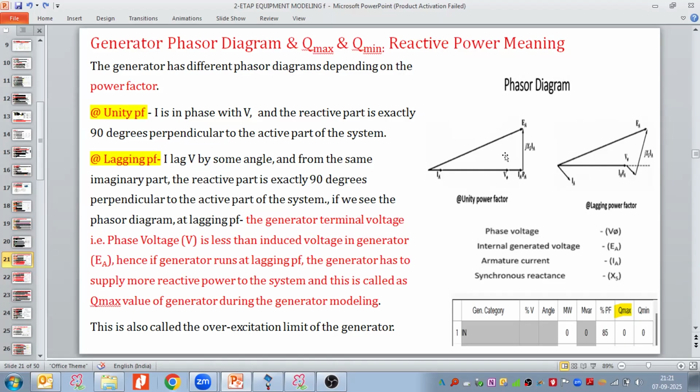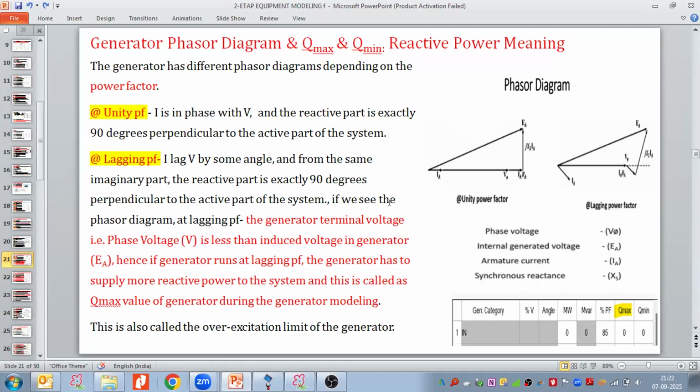Now let us take the lagging power factor. In case of the lagging power factor, again we have the voltage and then the current, and the current lags the voltage by some angle, as you can see from the same imaginary axis. When my current is lagging, my active part also comes lagging, and from that active part the reactive part is again 90 degrees, exactly perpendicular to the active part of the system.